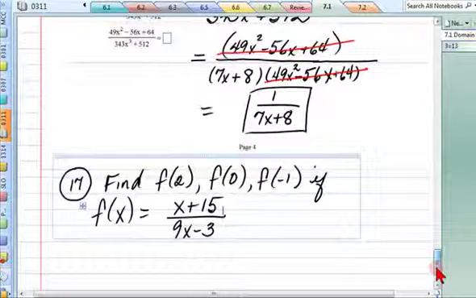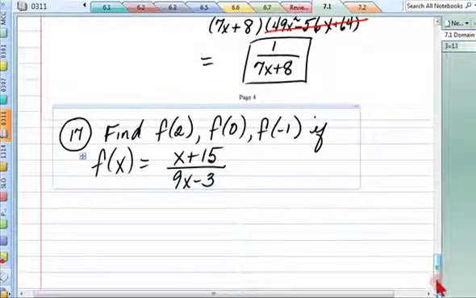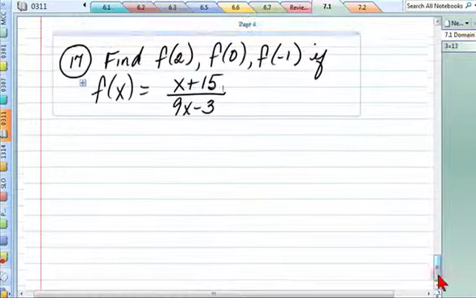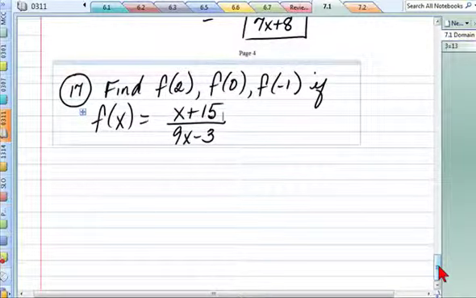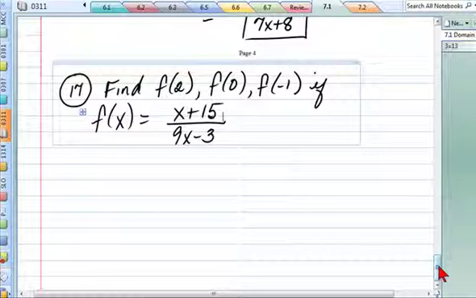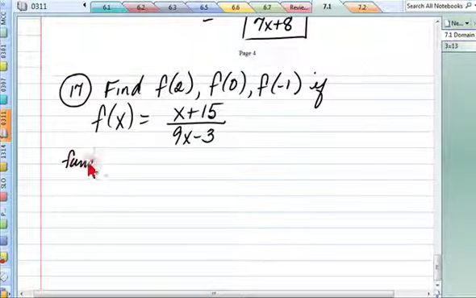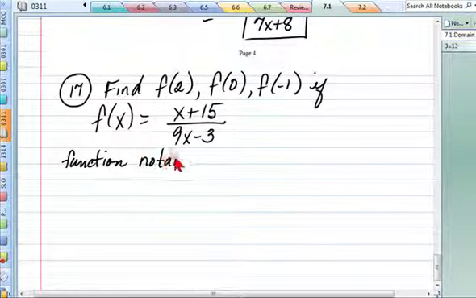Now let me put this up. Those of you who were with me recently in Math 307, you might recognize this as a function notation problem. We spend more time on this when we finish chapter 7, but it does peek into this lesson.